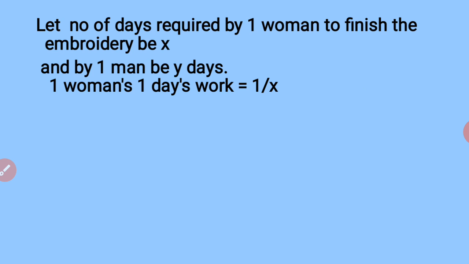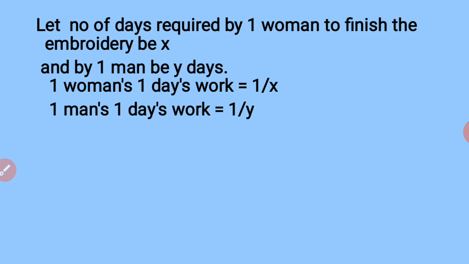Total number of days is x by the woman. So in one day she is doing only 1 upon x part of the work. Similarly, for the man it will be 1 by y. Such questions wherein we talk about people working and the time taken, we always talk about 1 day work.